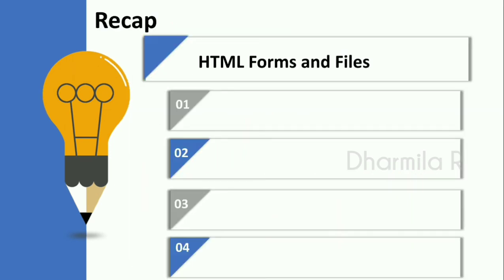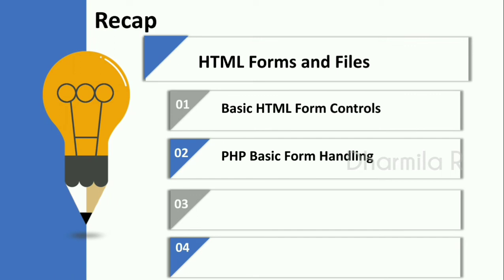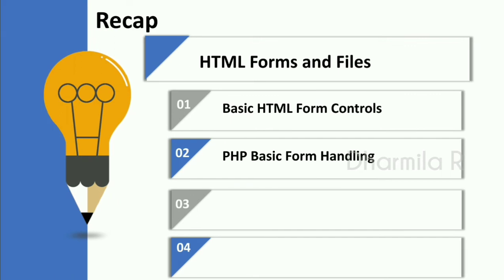So let us quickly get into the recap of this lesson. HTML forms and files. You have learnt about basic HTML form controls. So these form controls are used to collect data from the user. And the next one is PHP basic form handling. There are two different ways you can handle the form. One is using the post method and the other one is using the get method.